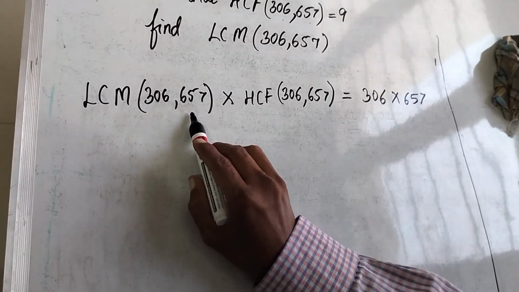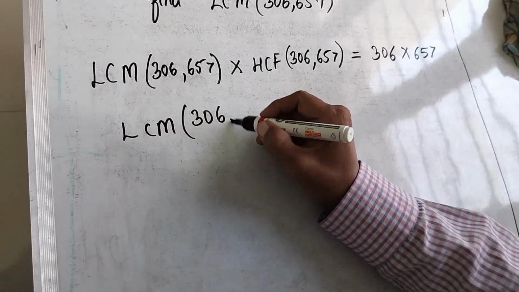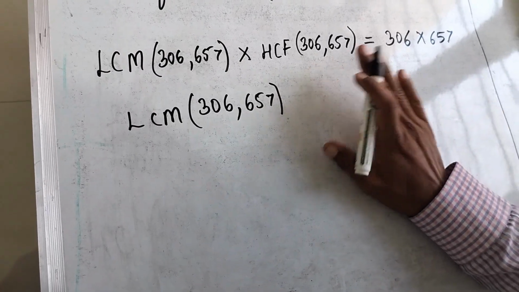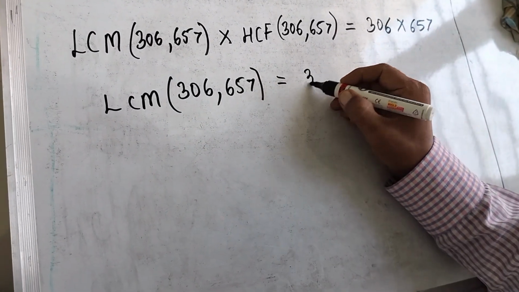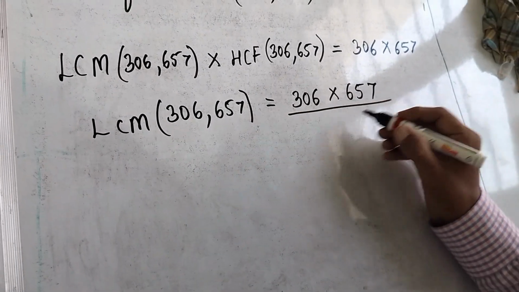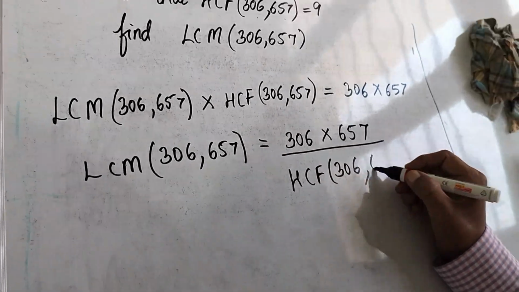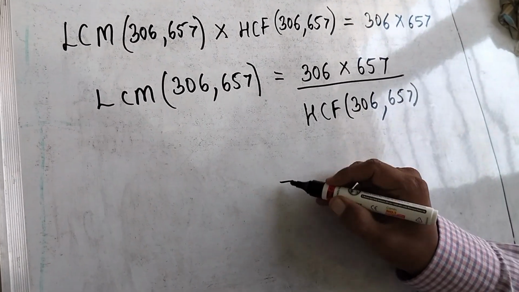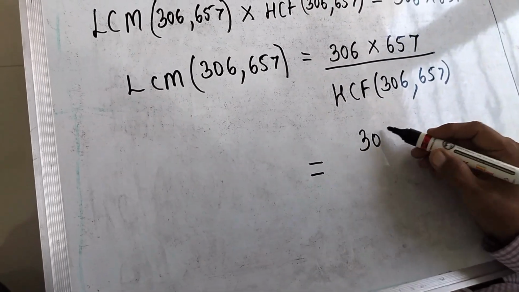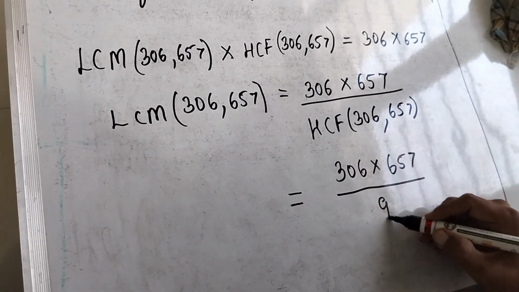Now we don't know the LCM, so we keep the LCM on the left hand side, and we move the HCF to the right hand side, where it goes in the denominator, because we know the HCF of these two numbers. The HCF given is 9. So 306 into 657 upon 9.